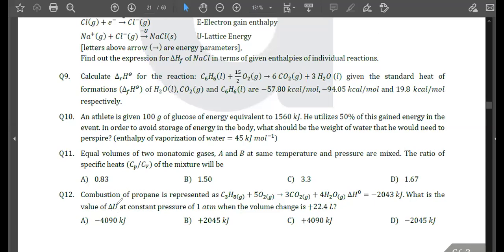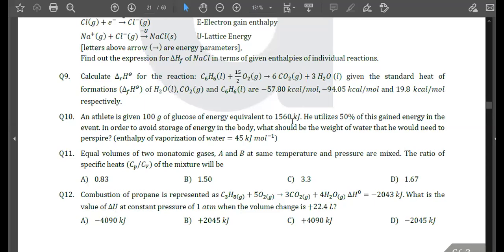This is almost like the same problem. One pressure is given, volume change is given. So calculate P delta V, which will be your work done. So delta H is equal to delta U plus P delta V, so delta U is equal to delta H minus P delta V. So you will get the answer of question number 12.